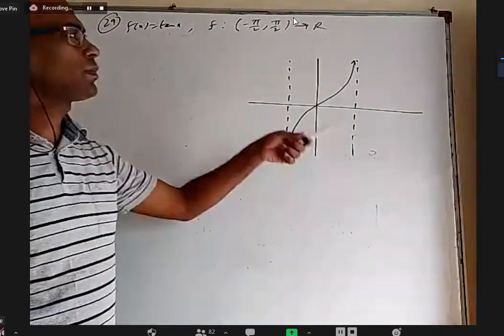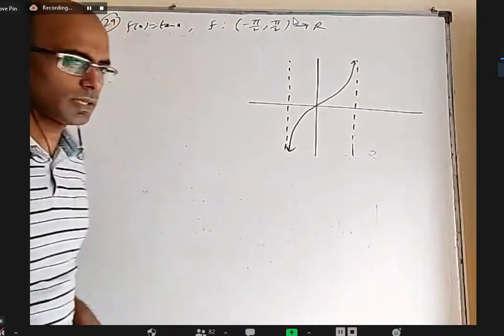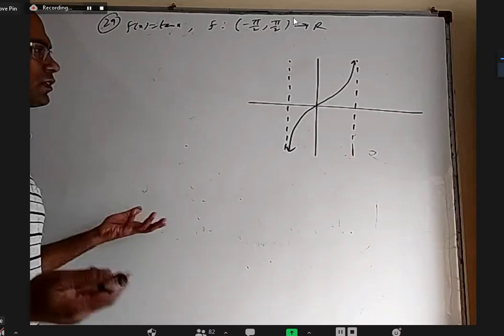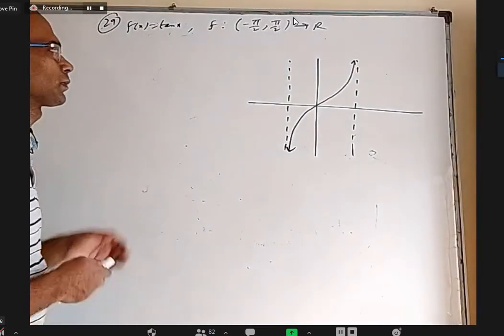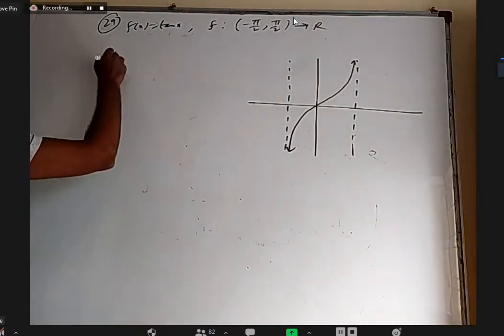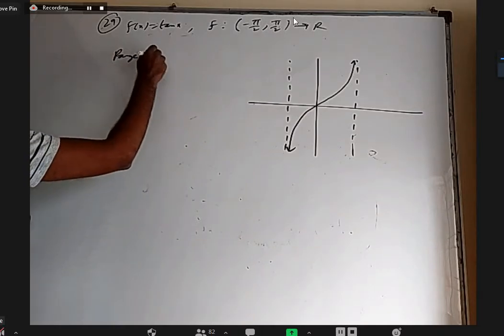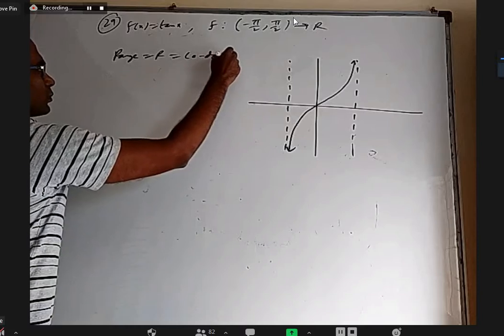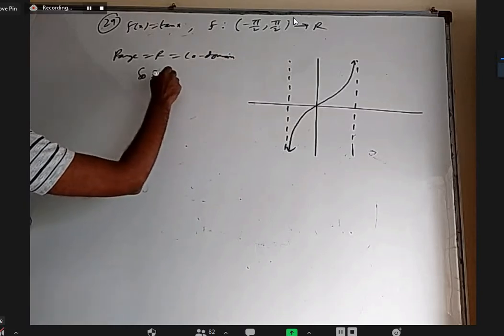Range covers all the real numbers, or you can say every number in the codomain has a pre-image. So just from the graph, you can tell without writing much. You can say that range is equal to R, which is equal to codomain, so f is onto.